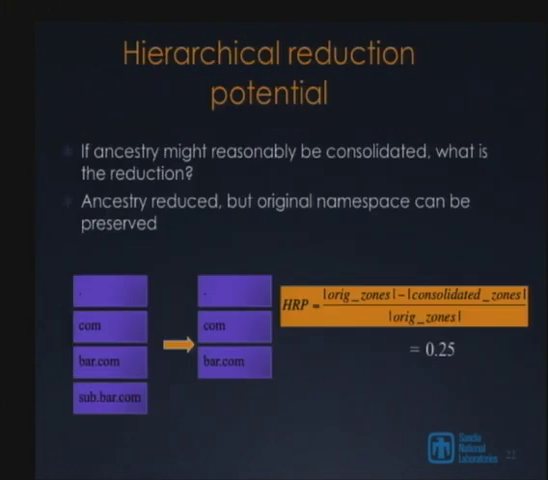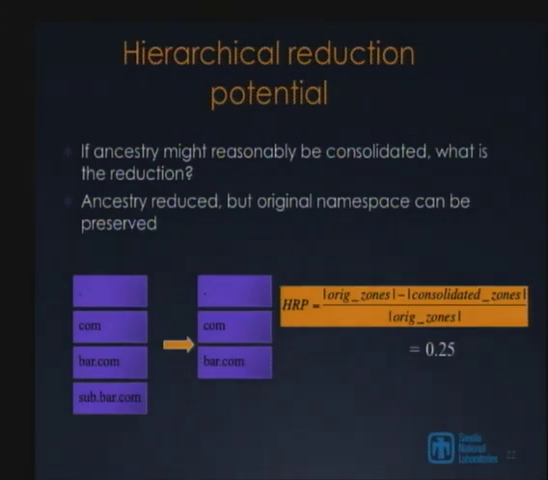Okay, so looking at the hierarchical aspect, we asked ourselves, if you could reduce your namespace hierarchically, how much could it be reduced and still preserve what your names actually look like? So for example, let's say you have these 4 in the slides here. You have a depth of 4: your root, com, bar.com, and sub.bar.com.